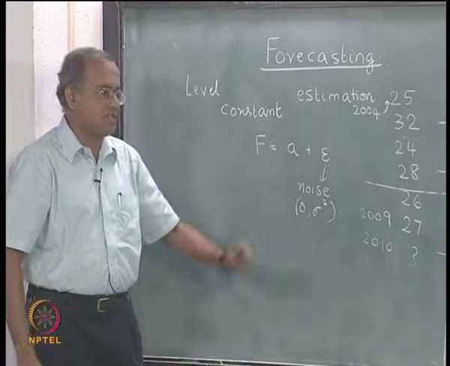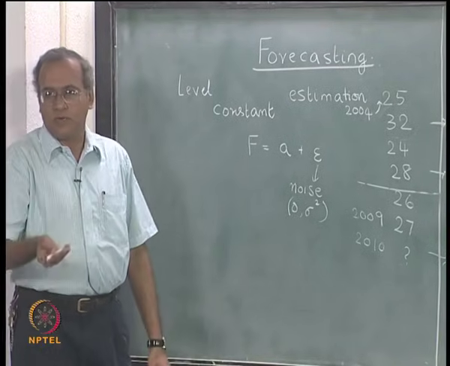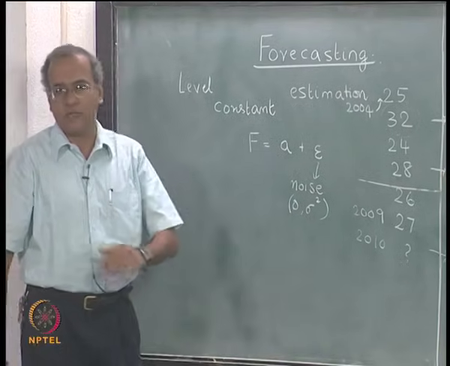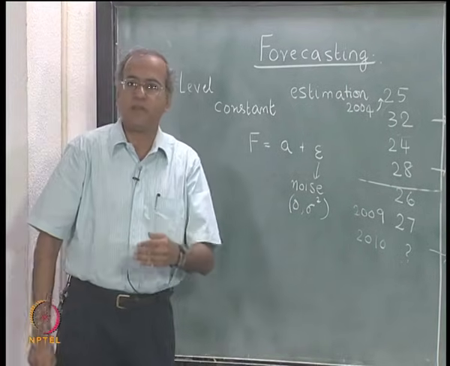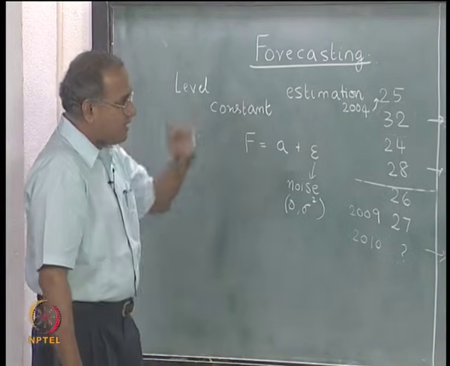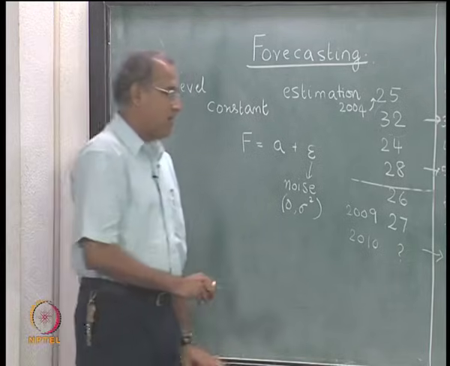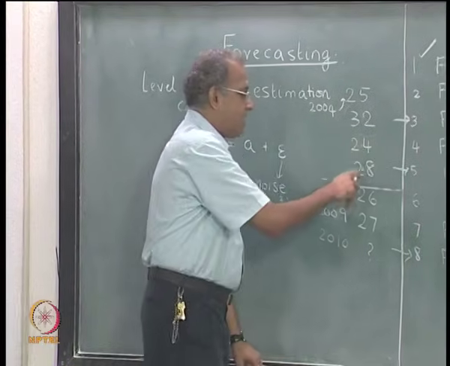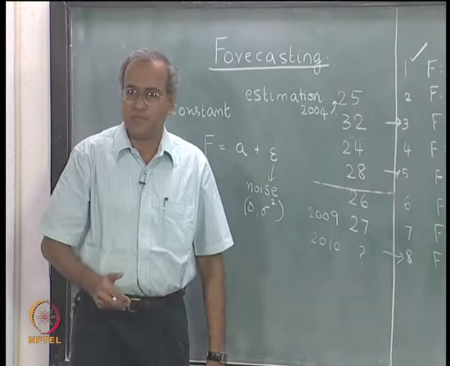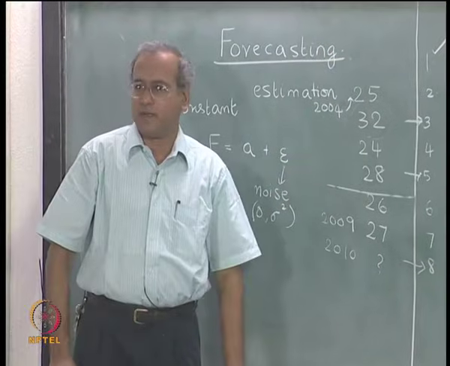So, simple average is the simplest and the easiest way to give a forecast for a set of data which shows level or which represents a constant. But when we take the simple average, we also assume a few things. Number one is we are considering all the data points and we are not leaving out any of the data points. Second is we give equal weightage to all the data points.